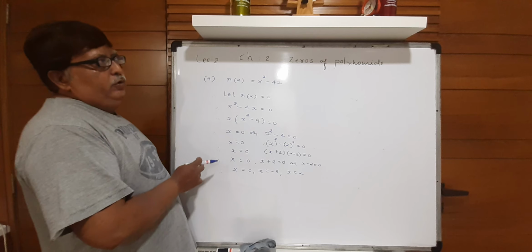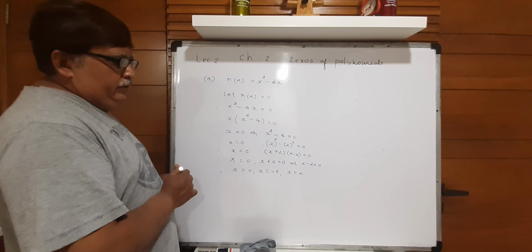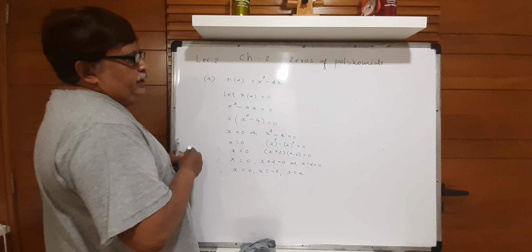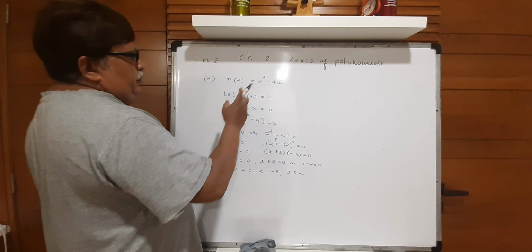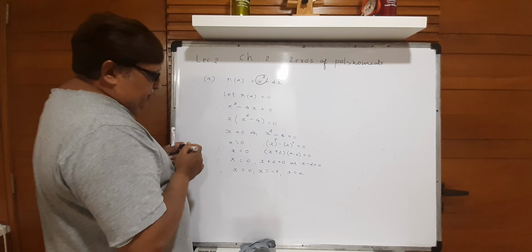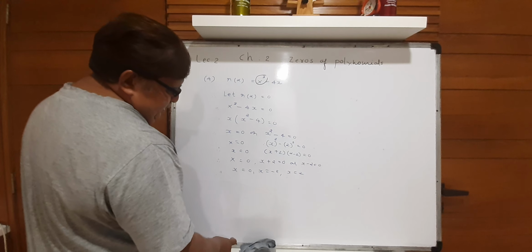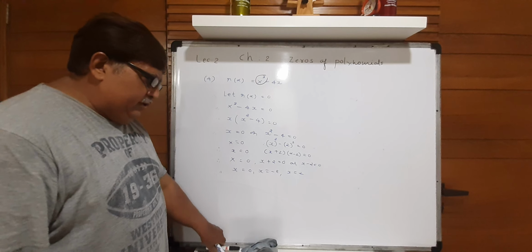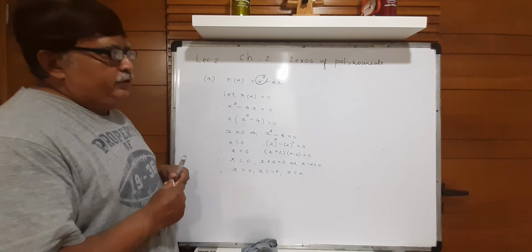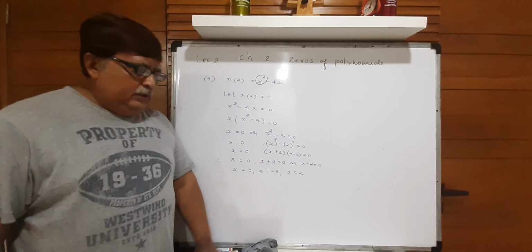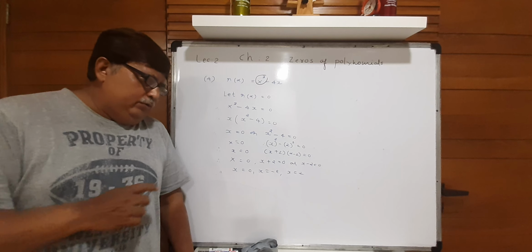So you got that the polynomial has 3 zeros, because it is already which type of polynomial? Cubic polynomial. That's why it always has 3 zeros. Here you got 3 values of x: x equal to 0, x equal to minus 2, and x equal to 2.